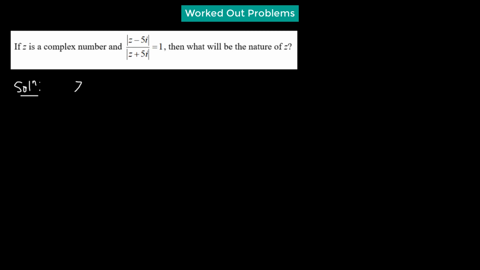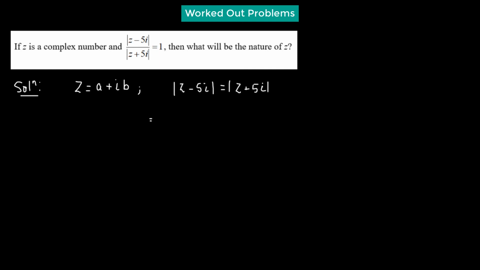So let us begin with the assumption that z, being a complex number, has its value given by a plus ib. Now we're going to substitute this value into the given equation, but before that let us cross multiply it. So we have the absolute value of z minus 5i is equal to the absolute value of z plus 5i.